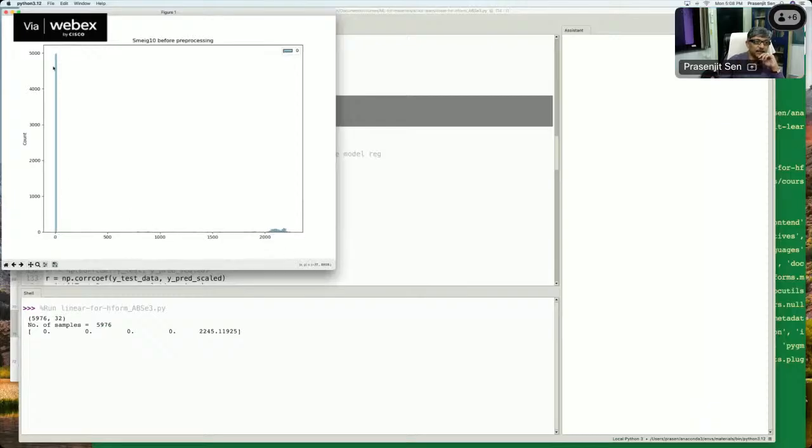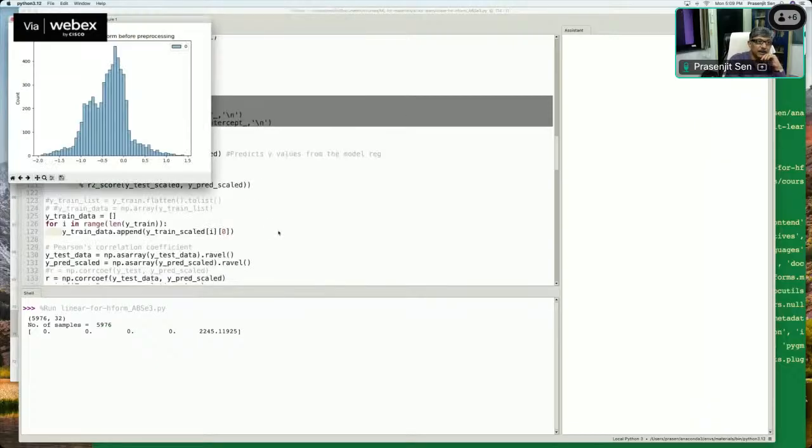Most of the values are 0, and then you have a few which are large. Some are somewhere between 500 and 1000, and some are around 2000 or above 2000. And this is the distribution of the heat of formation. These numbers vary between -2 and 1.5.